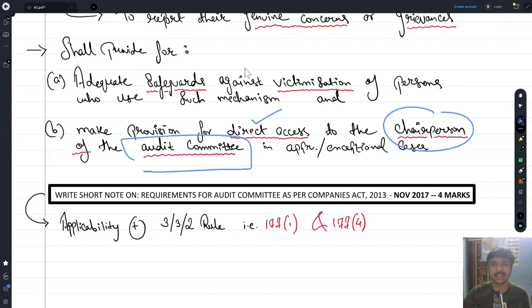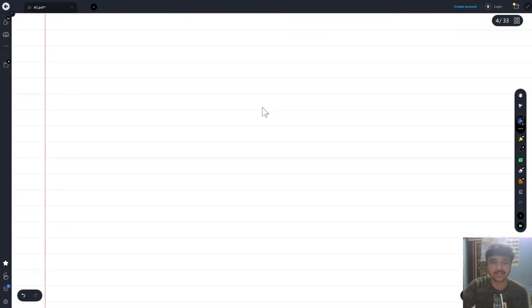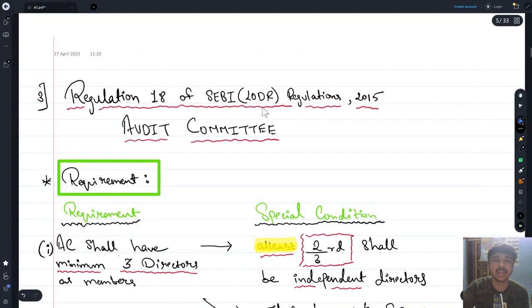So if they see that something is going fishy with the manager, he is doing something very wrong, and he knows that if they go to some senior manager, that person is also involved in it, the vigil mechanism provides that you can go directly to the chairperson of the audit committee. So then it becomes a way where you will get justice. Roughly, in India, justice is something very costly and not easily available. But still, the vigil mechanism is trying its best. So that's how we have completed our vigil mechanism.